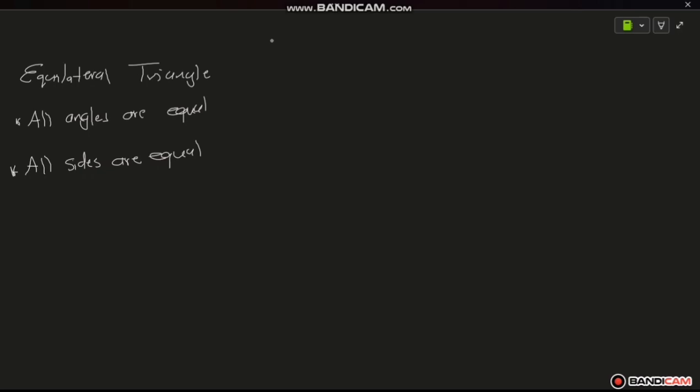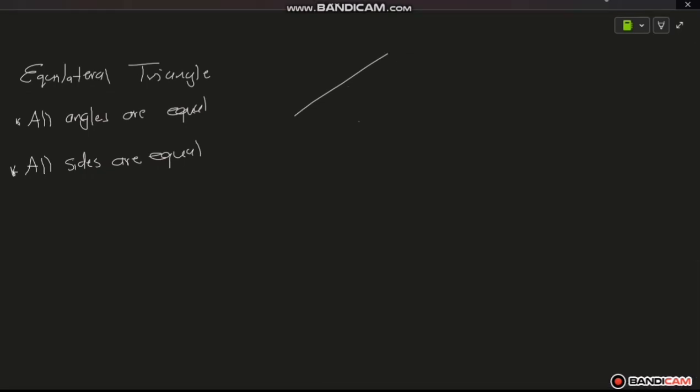Do not neglect this knowledge or these basics, because some other people in other grades right now don't know how to solve other problems or other activities. Why? Because they neglected this. So make sure that you do what you know. This is very, very important. So we're going to talk about the equilateral triangle, knowing that all angles and all sides are equal.